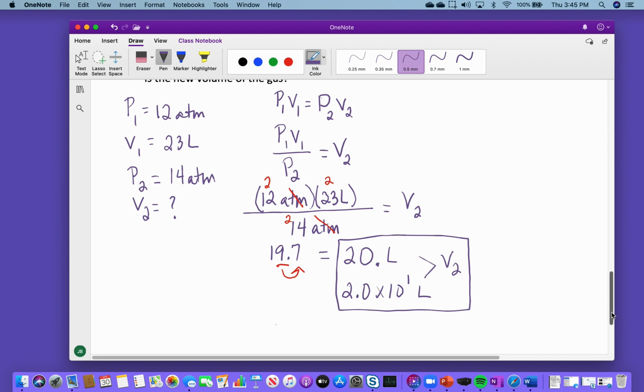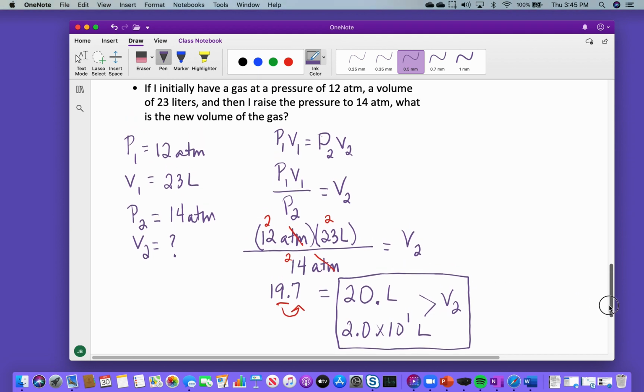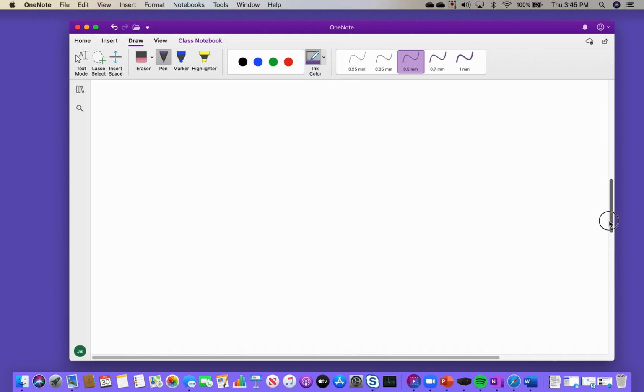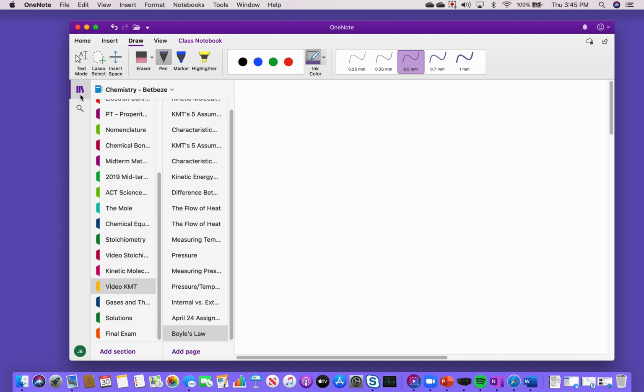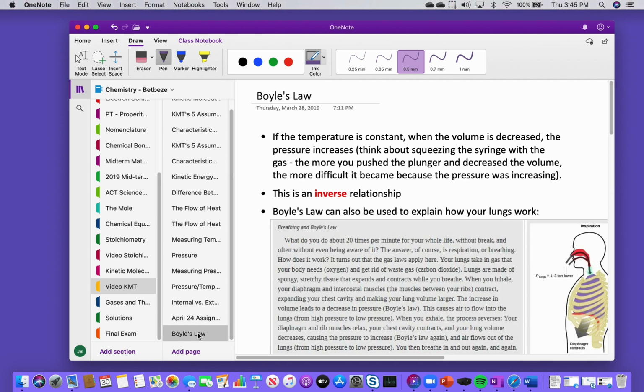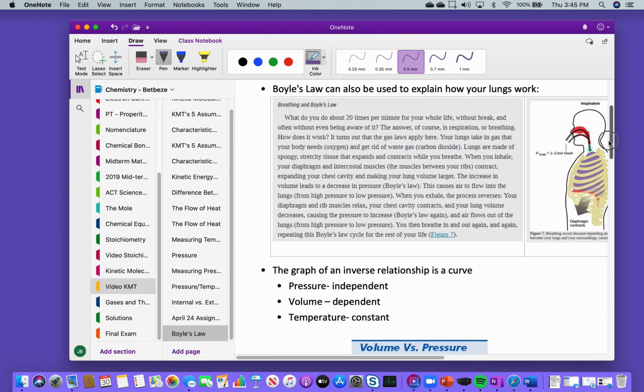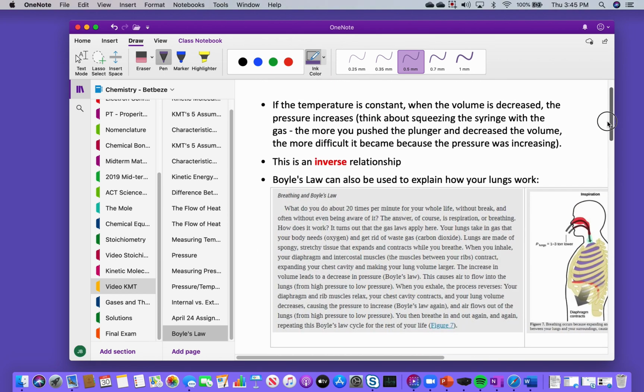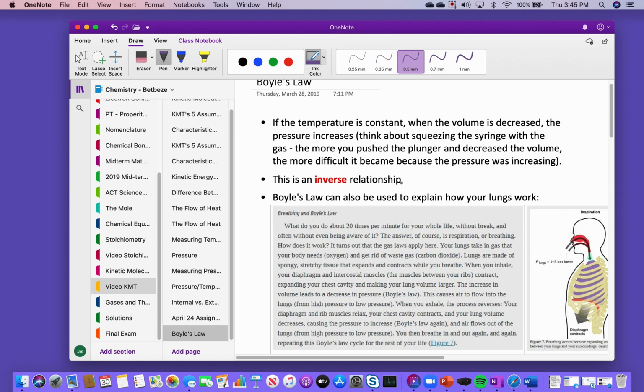All right, so let's do a quick little review of what's important from Boyle's law. You want to make sure that you understand that Boyle's law shows an inverse relationship between volume and pressure.